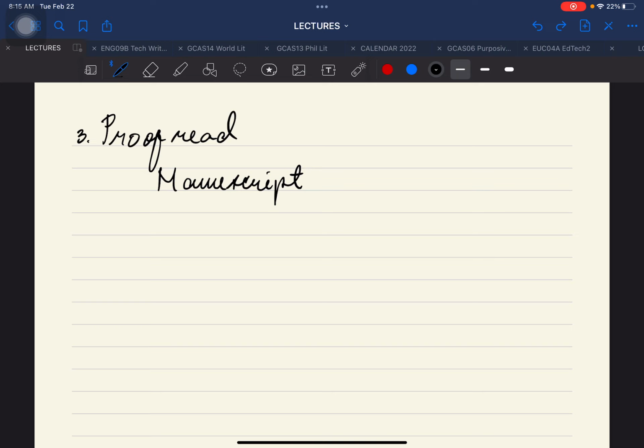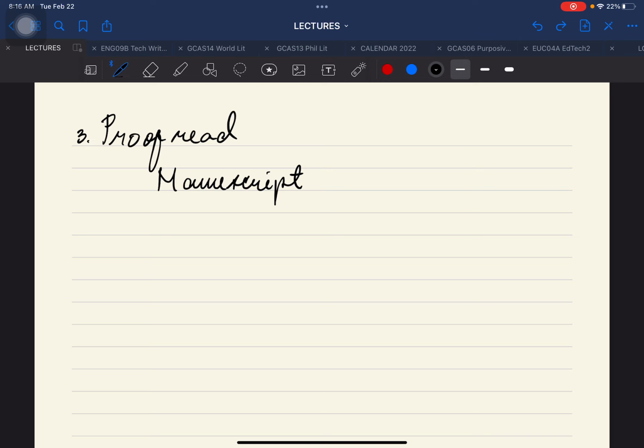So again, go through your manuscript from the cover page up to the last part of your research and try to read, if possible, every line, so that you are assured that this is what you really need to present.